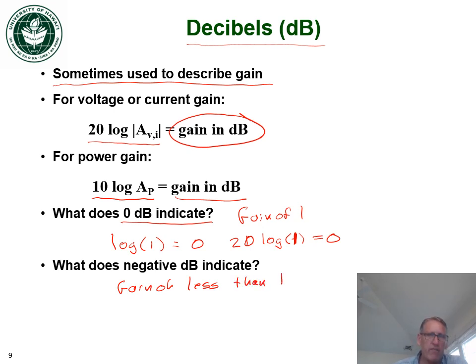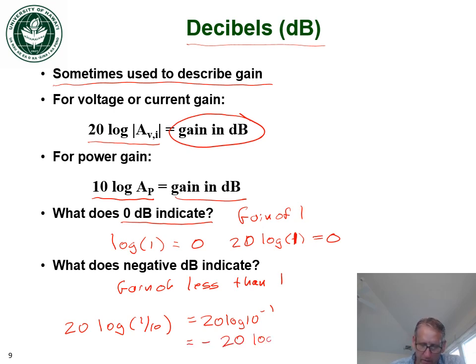For example, if we have an amplifier that has a gain of 1/10, we would say in dB this would be 20 log of 1/10, which would equal 20 log of 10 to the minus 1, which would equal minus 20 log 10, which would equal minus 20 dB. So in this case, we have a gain of 1/10 or 0.1, and that corresponds to minus 20 dB of gain.